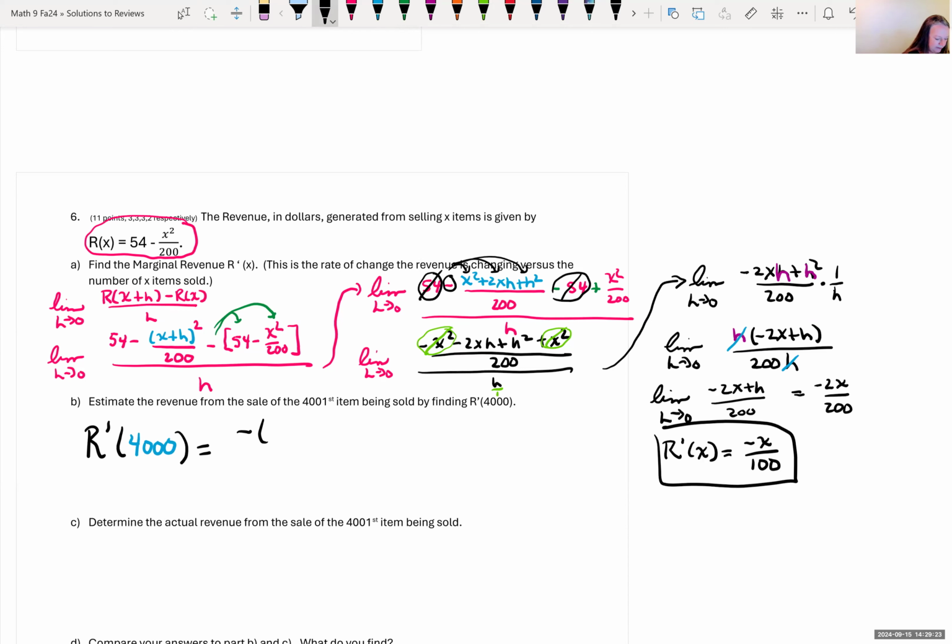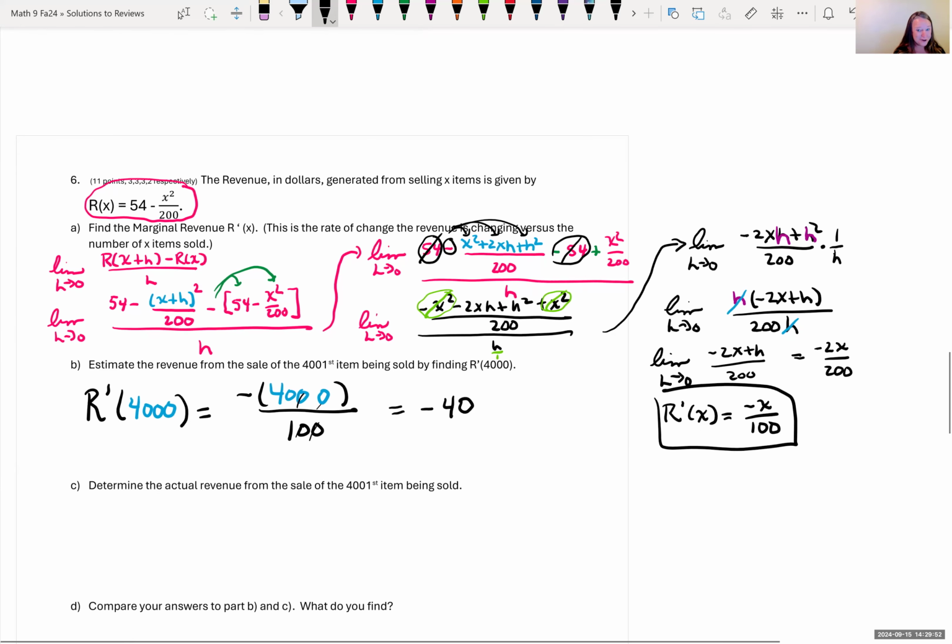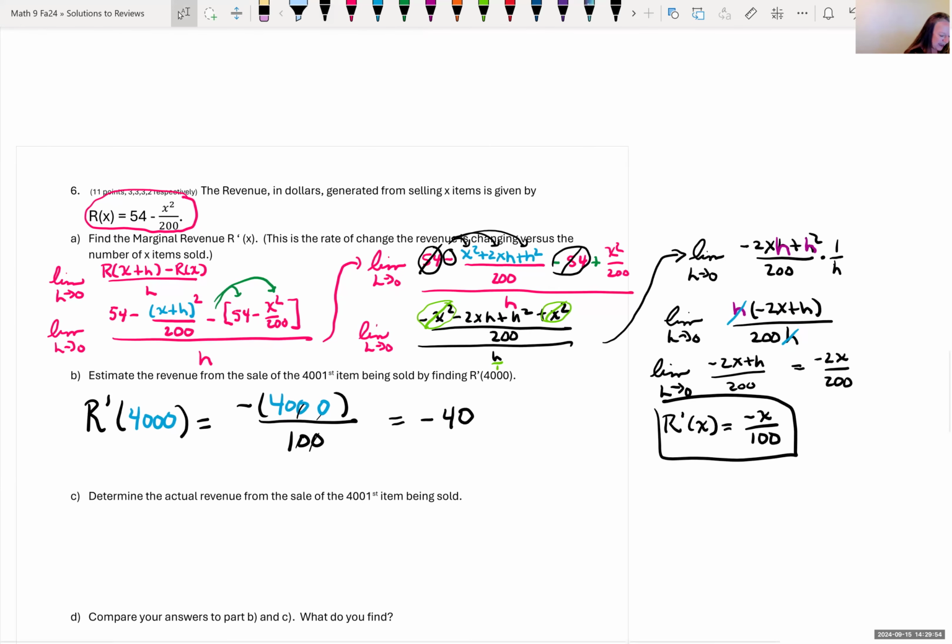So I have negative 4,000 all over 100. So it looks like we're losing money when we are producing that 4,001st item.